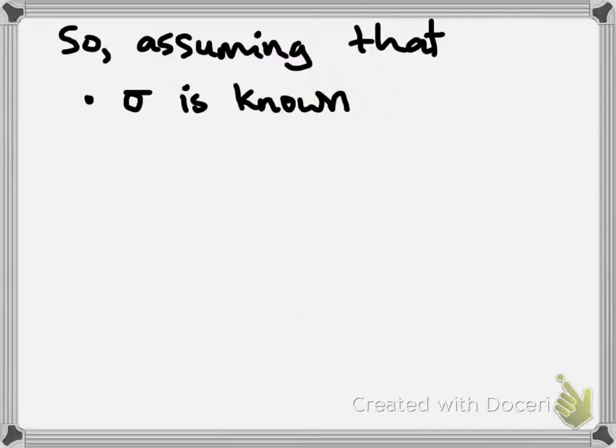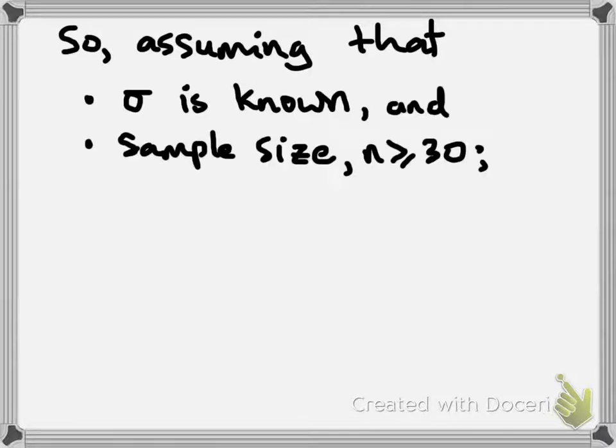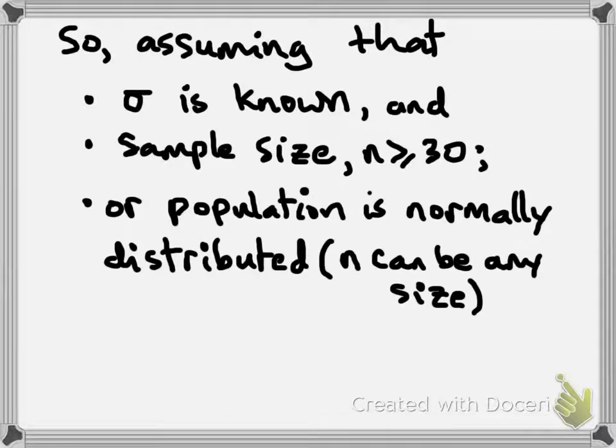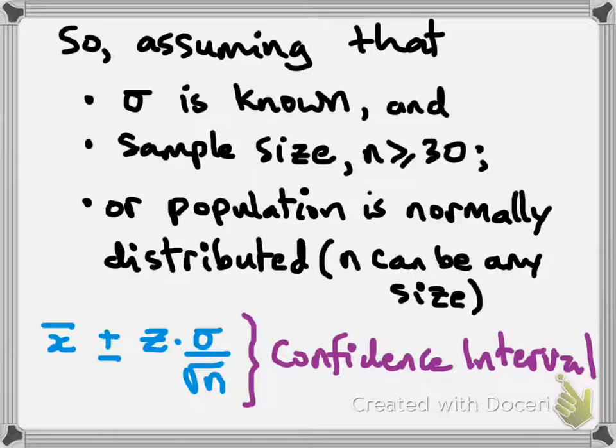So if we assume that we know sigma, which is the population standard deviation, and we are choosing a sample of size 30 or more according to our central limit theorem, or if we know that the population is normally distributed, in which case n can be any size, then we can create an interval estimate for the population mean using this formula here.